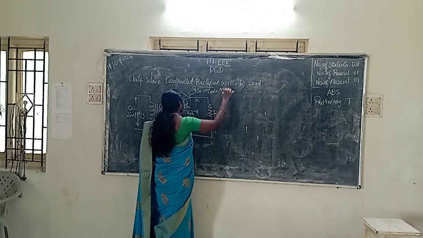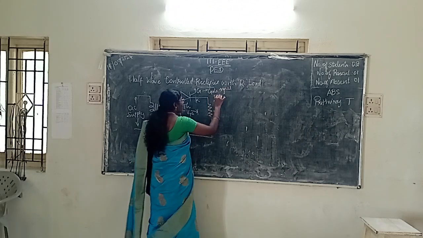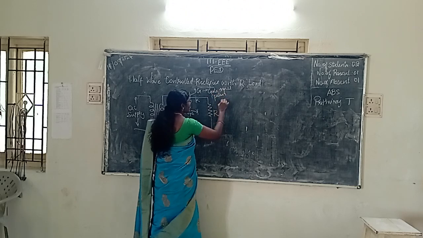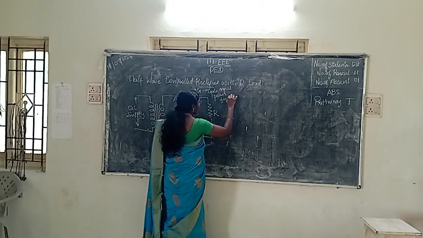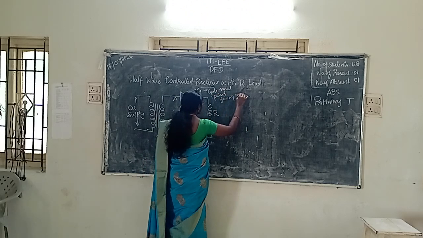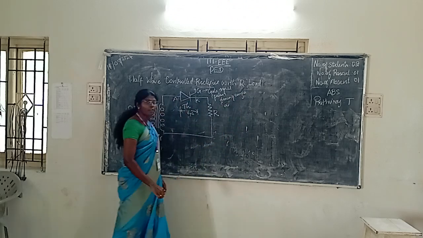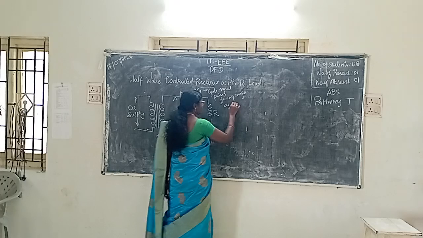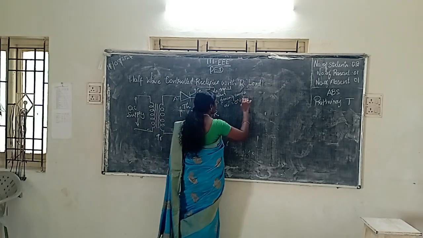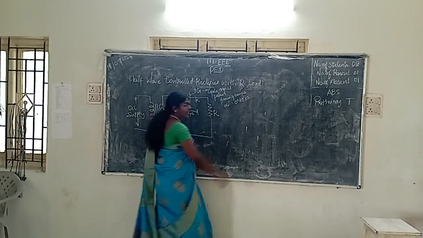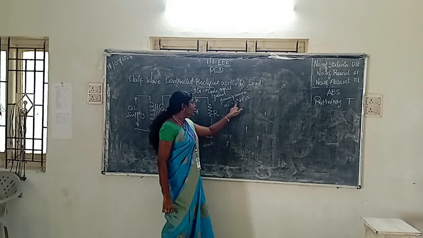We will call that a pulse, or you can say the firing angle, the firing angle alpha. We can generate it from 0 degrees to 2 pi.